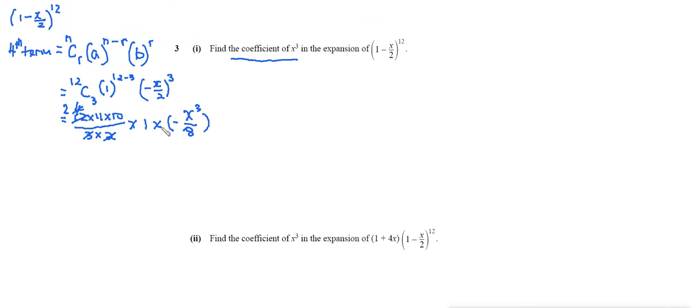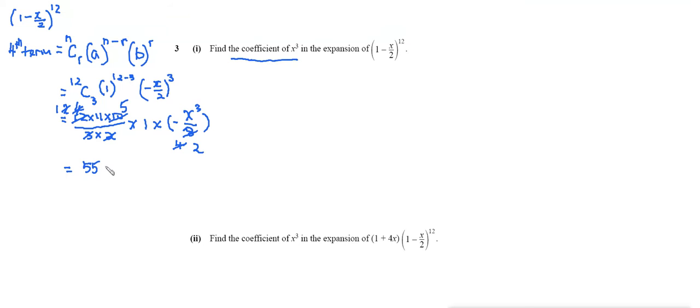Now, let's simplify this as well. 2 cancel 1, this 4 remains. Cancel 10, this gets 5, this gets 2. Okay. So you remain here with 5 times 11. So you got 55.